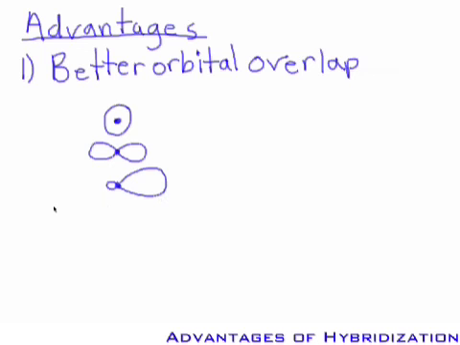And the second advantage is VSEPR, valence shell electron pair repulsion theory. And VSEPR basically states that these orbitals get as far apart as possible. And hybridization allows this. By hybridizing, you get orbitals that can achieve a VSEPR geometry that can minimize repulsion.